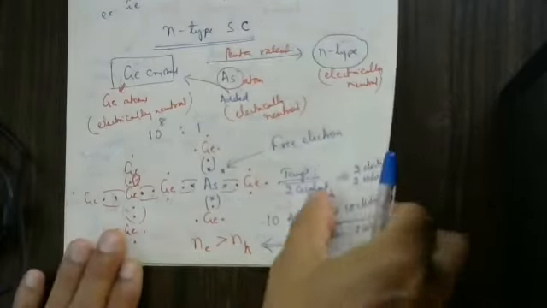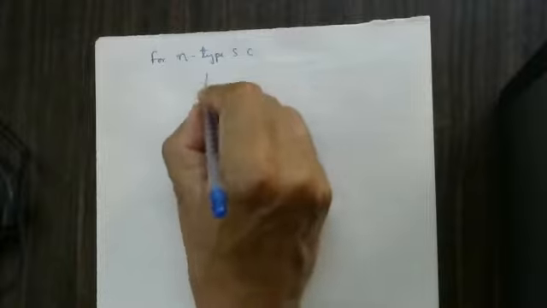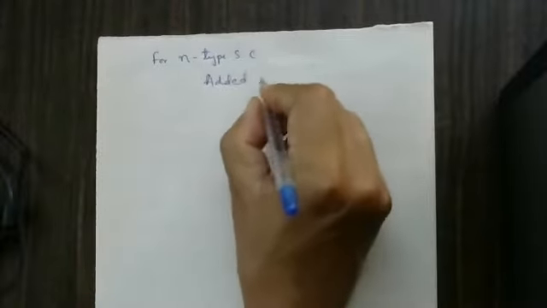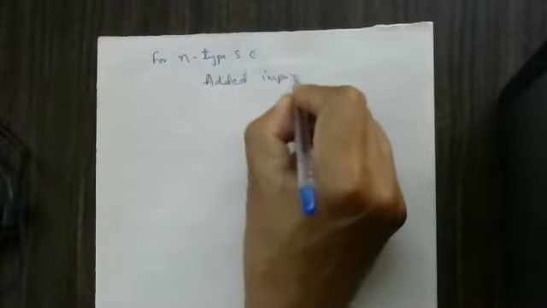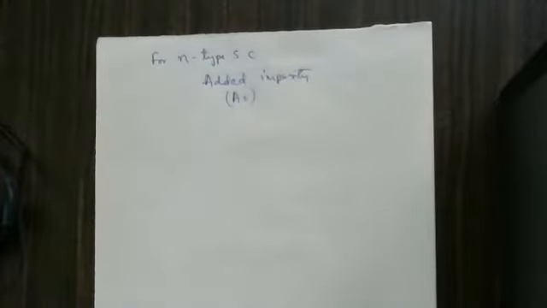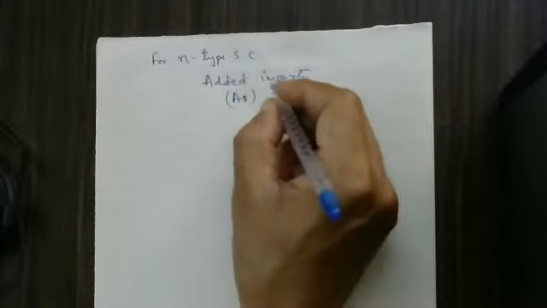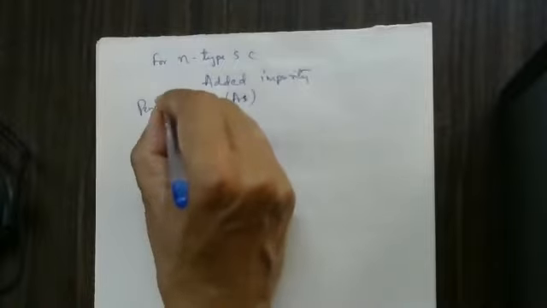And one more extra concept for your CET examination I am supposed to explain. Let us consider an N-type semiconductor. Whatever impurity we have added, either arsenic or something else, is a pentavalent impurity.